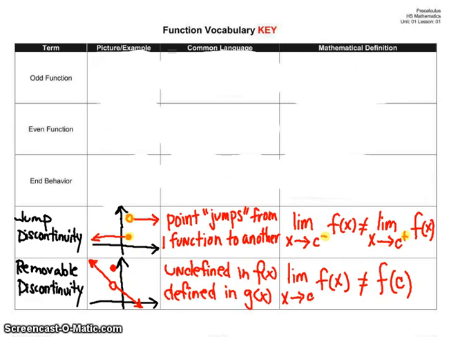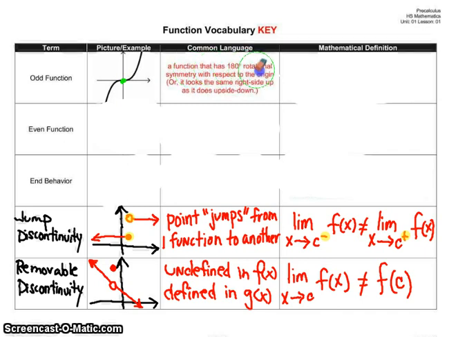All right, we're going to take a look at our next vocabulary word. It is an odd function. What does the picture look like? Well, it looks like this. And as you can see, an odd function will contain that point I just marked there. And what is the common language?